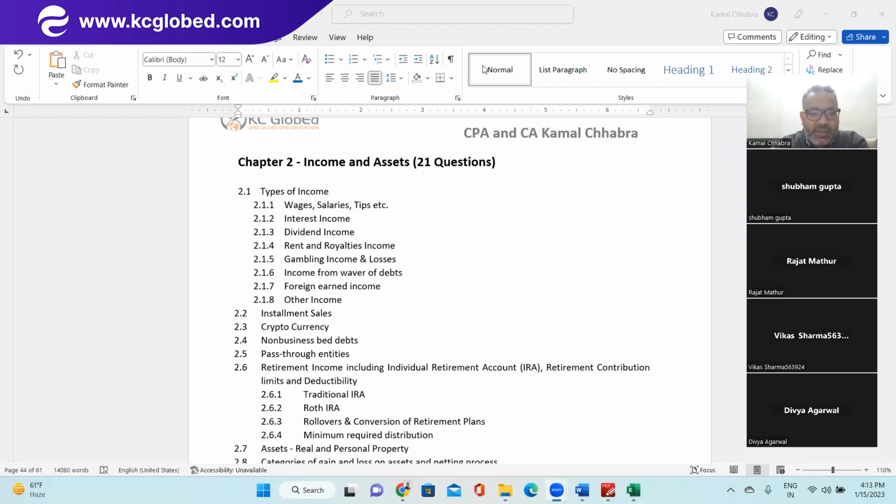from this chapter. We have covered almost all the types of income in the last class and the day before that, which include wages and salary, tips income, and then interest income, dividend income, rent, royalty, gambling income and losses, and income from waiver of debt.